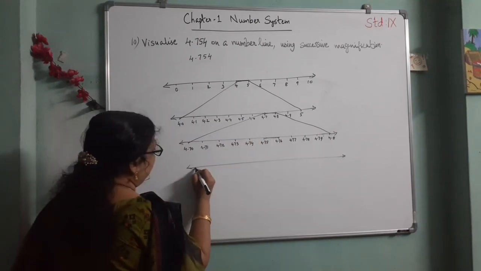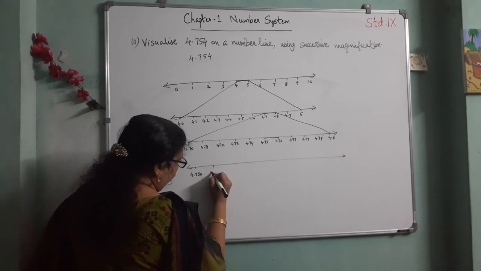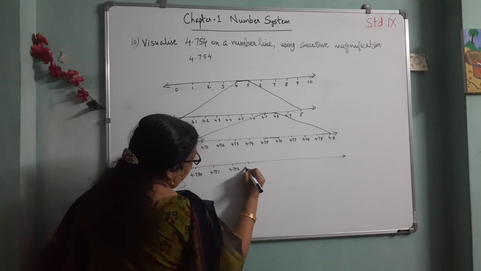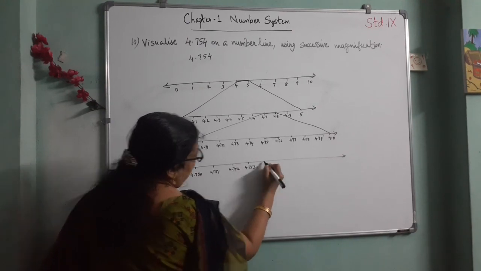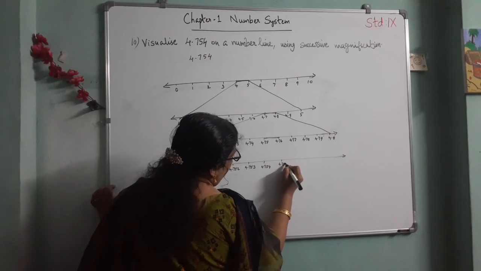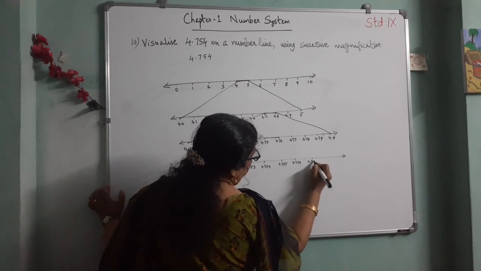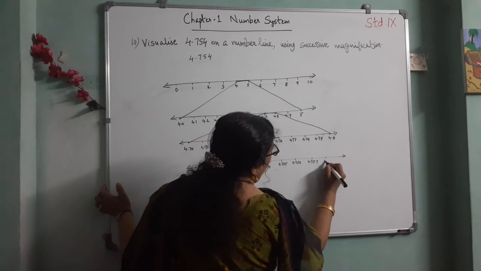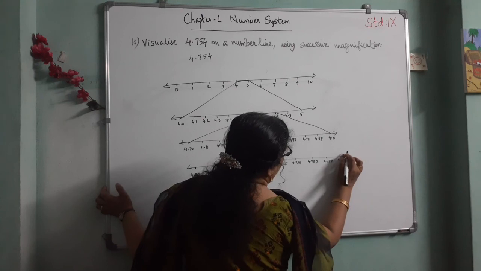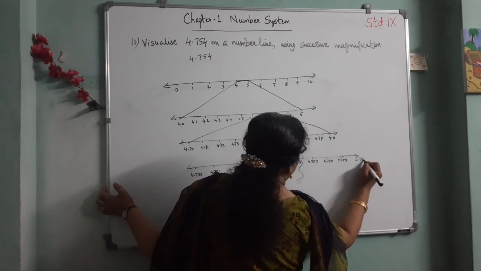Draw the number line. Then first one 4.750, then 4.751, 4.752, 4.753, 4.754, 4.755, 4.756, 4.757, 4.758, 4.759, and then 4.76.